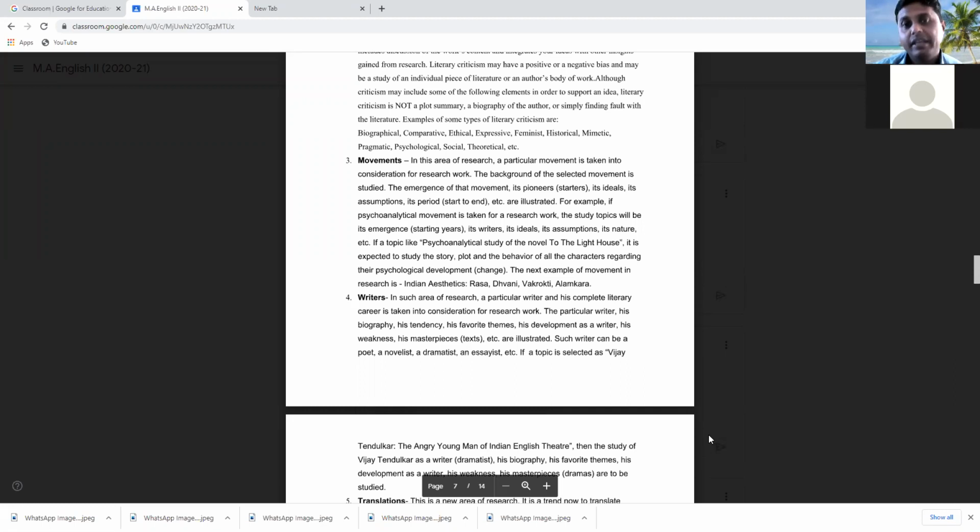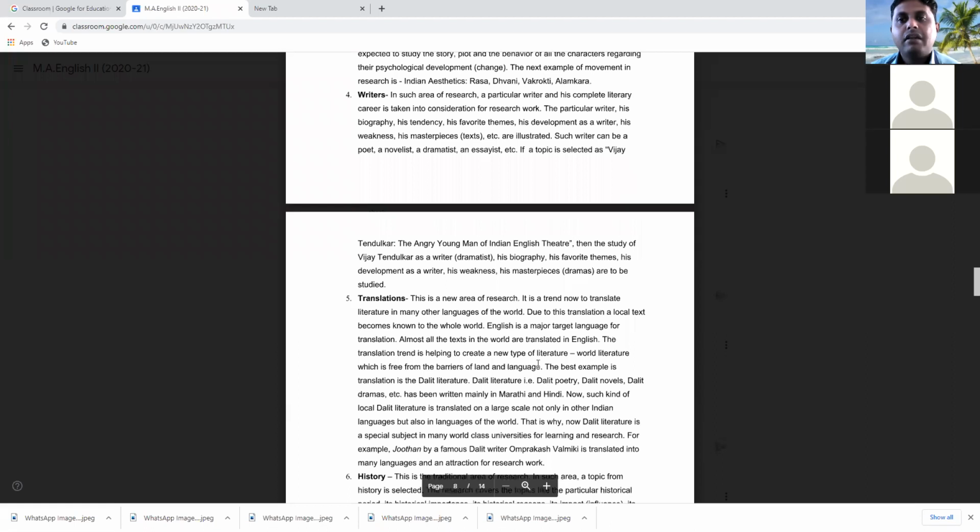But if I study the Dalit movement in the background of Jhutan, it would be the study of the movement, right? So my focus is both text as well as the background movement. That's the difference. So the next thing is writers.